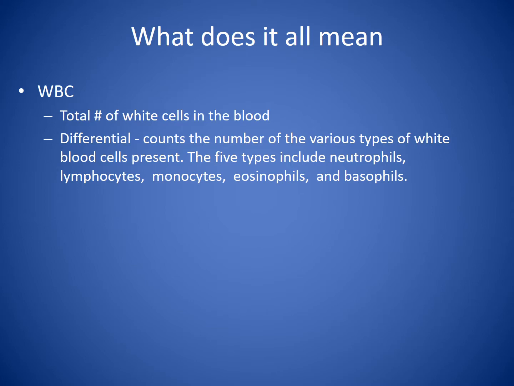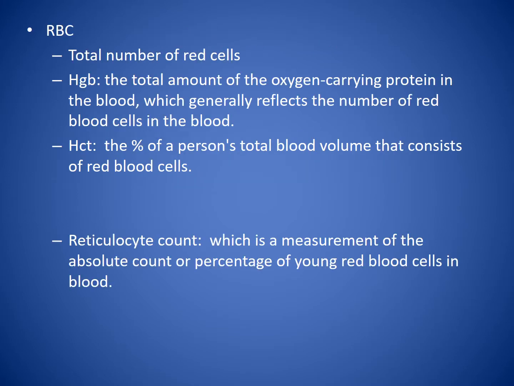So what does it all mean? Well, first of all, your WBC, as you guys are well aware, is the total number of white cells in your blood. The differential part of that is actually looking at the different types of white cells that encompass it in its totality. Your neutrophils, your lymphs, your monos, your eosinophils, and your basophils. With your RBCs, it's your total reds.